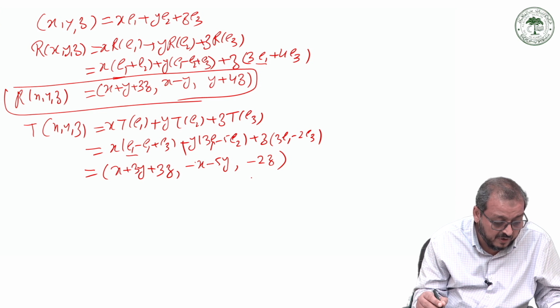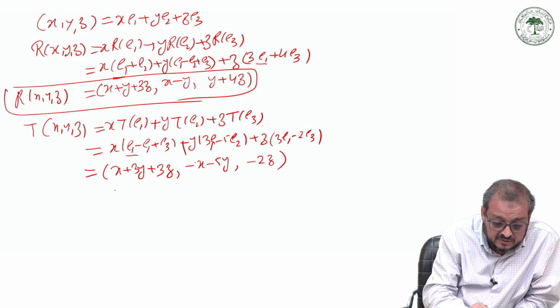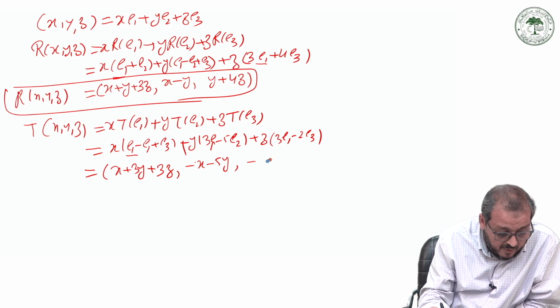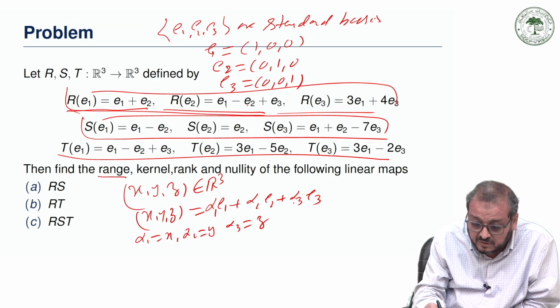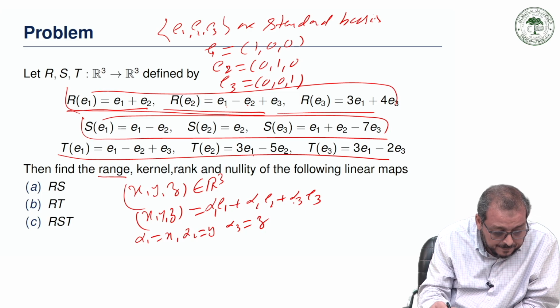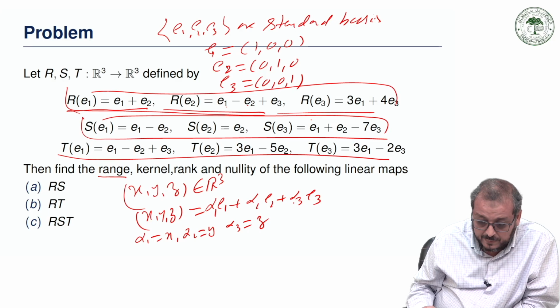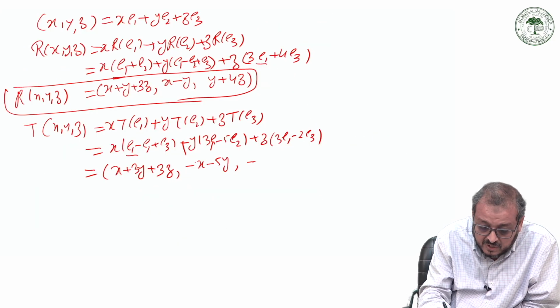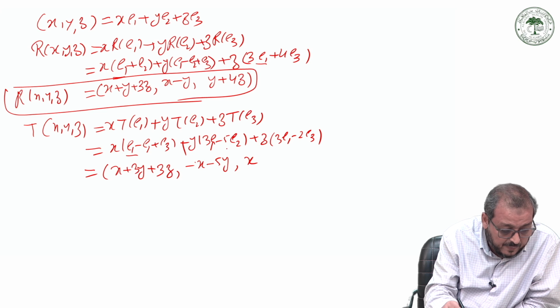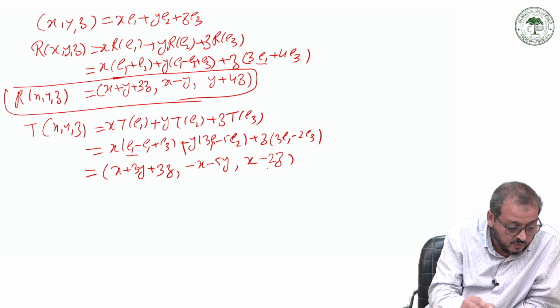So T is defined in this form: T of x, y, z is equal to (x plus 3y plus 3z, minus x minus 5y, minus 2z). So this is equal to T.